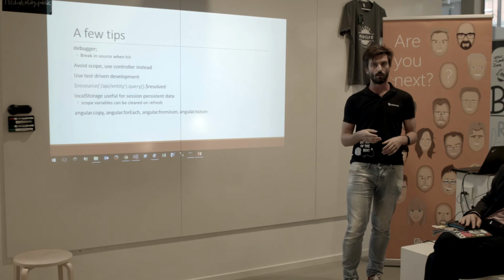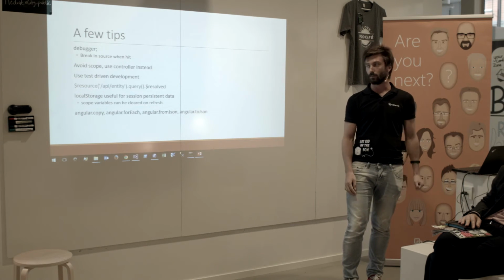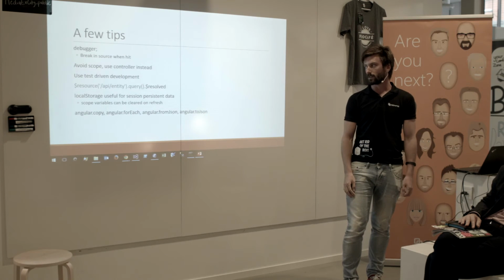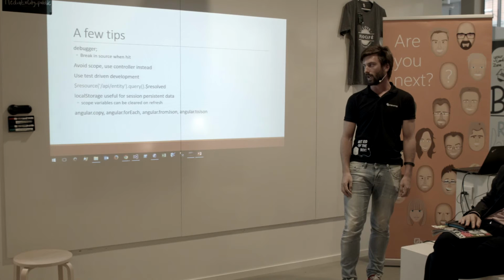So you could, for instance, make a spinner directive, I can show you one later, and use this flag to have that spin as long as the data is loading from the server. So that's a handy flag to use.